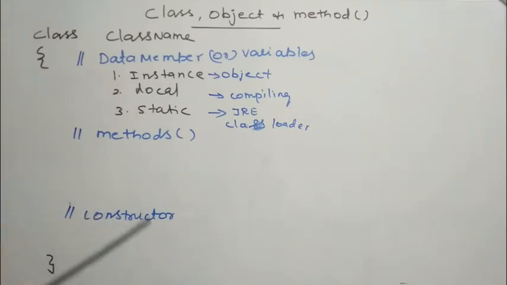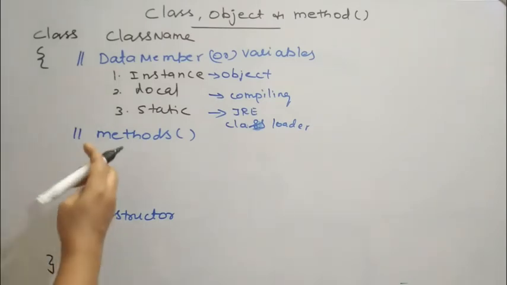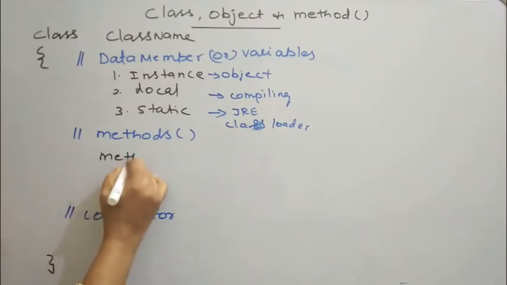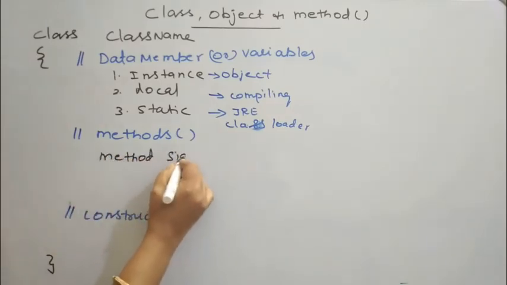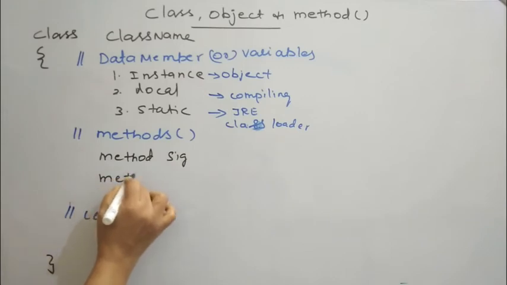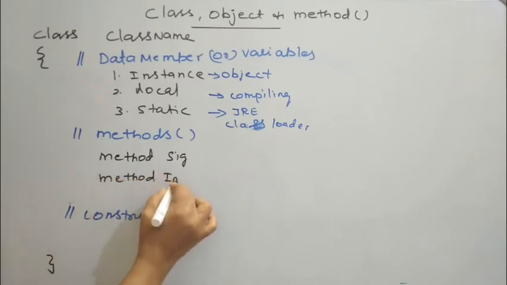Then comes your methods. Methods represent functionality. How do we define a method? What does a method definition contain? A method definition contains a method signature and method implementation.